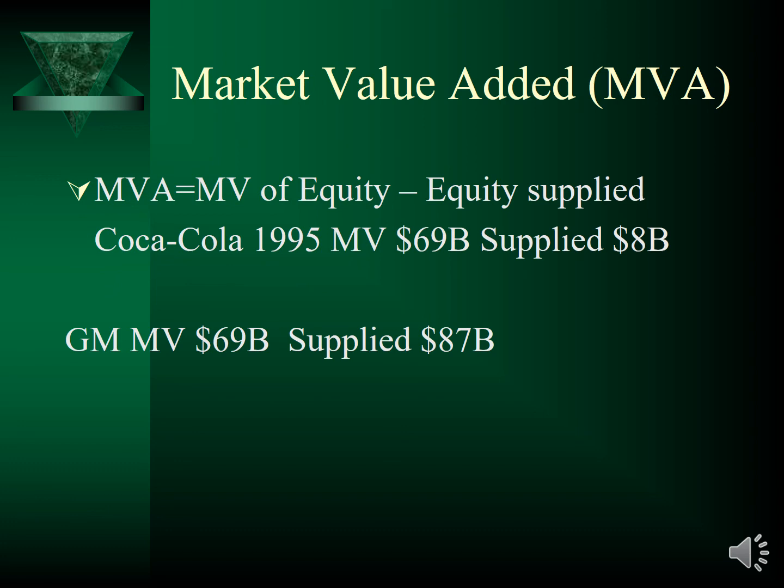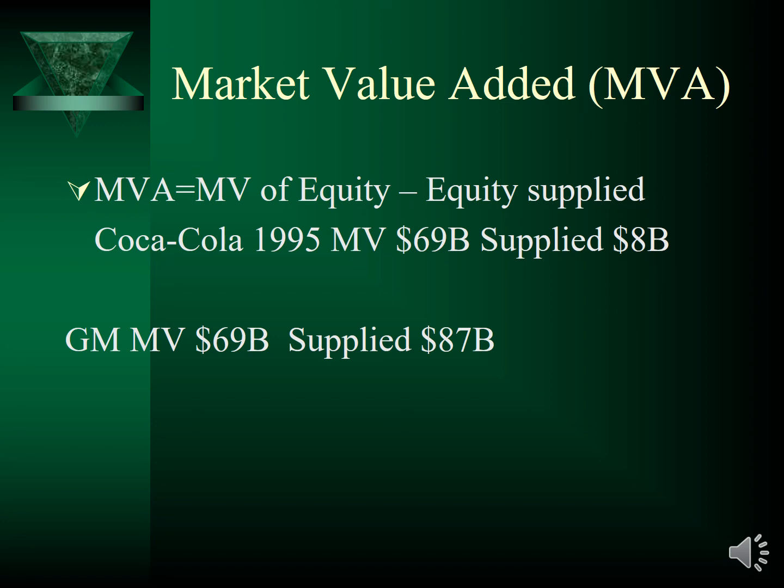So now we are down to market value added or MVA ratio, and in this ratio we compare the equity that was supplied by investors with the market value of the equity. So the formula is we pick up the market value of equity and we deduct the equity supplied. Now let's take the example of Coca-Cola company.